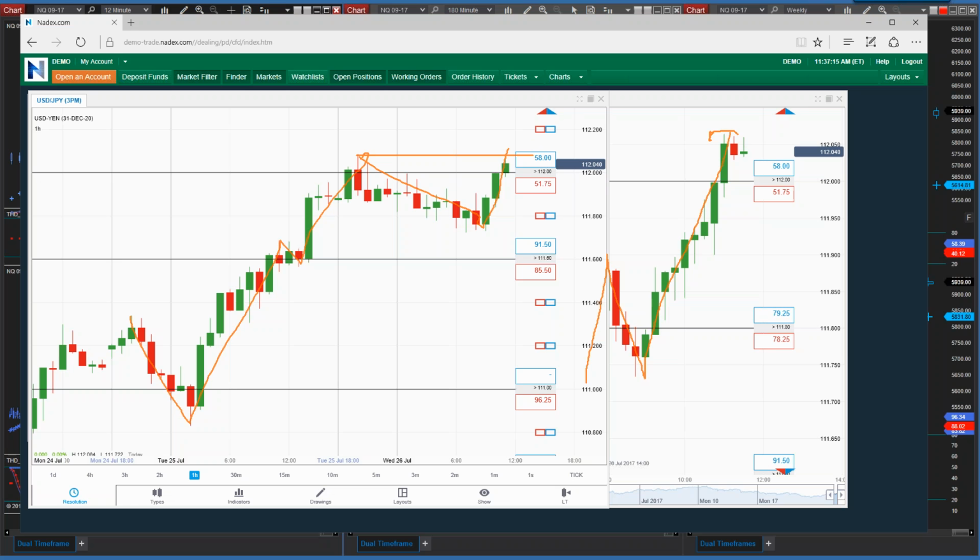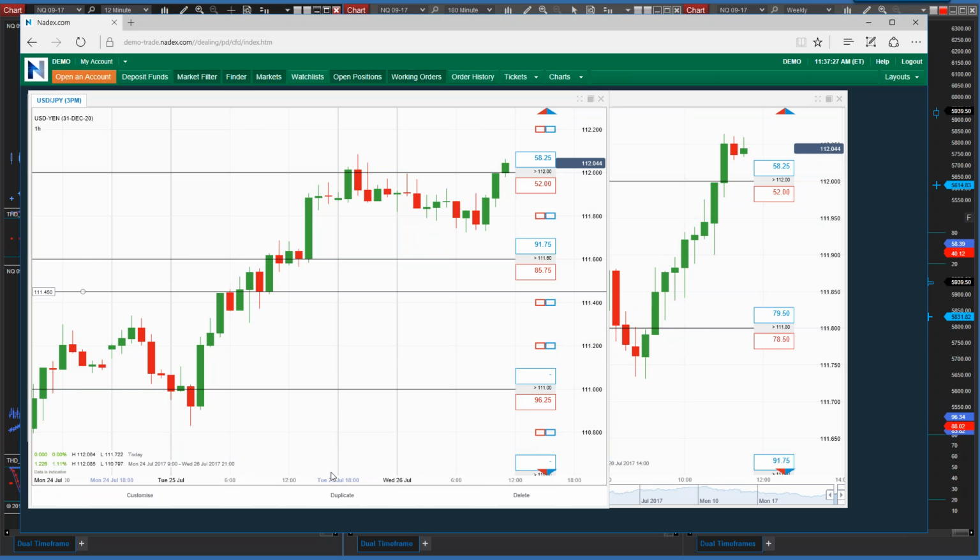So if I wanted to snap a line on there, I'm going to erase all the drawings and snap a line on here. And I want a horizontal line. And I'm going to put it right up here.